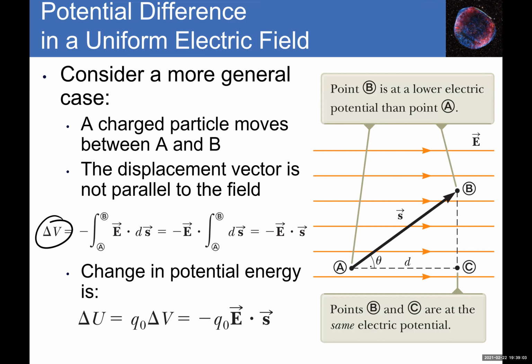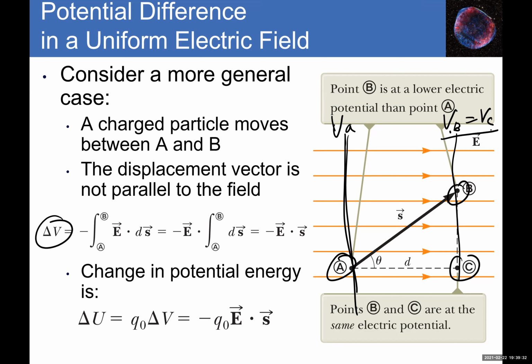The idea here is this: you go from A to B or from A to C, and it doesn't matter. The difference is going to be the same because B and C are on the same line. Let's say this is VA, and VB is the same as VC.